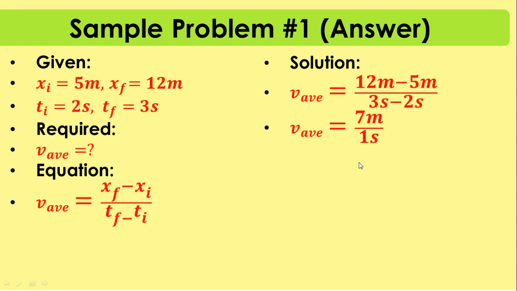Now let's try to perform the operation, that is subtraction. 12 minus 5, we have 7 meters, and 3 minus 2, this is 1 second. So for the final answer, 7 meters divided by 1 second, so that gives us the answer for the average velocity, which is 7 meters per second. So this is the answer for the sample problem number 1.